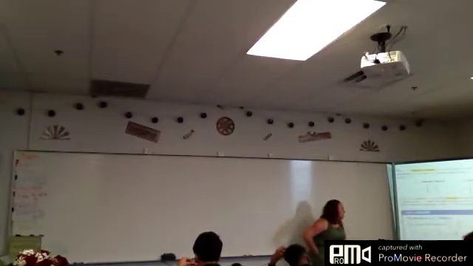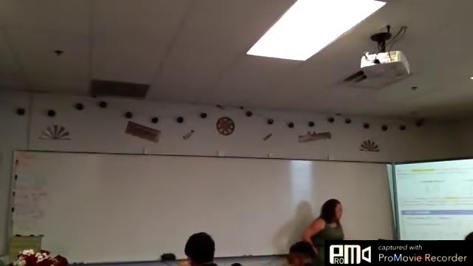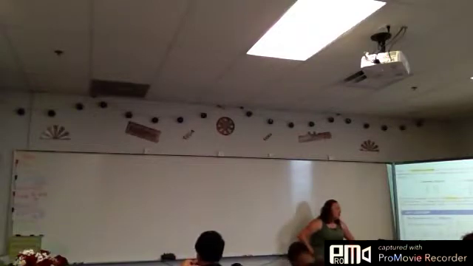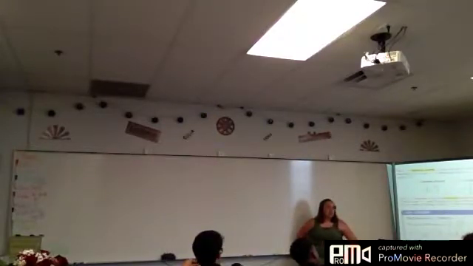So, the inverse of a 2 by 2 matrix. Here's how you find it. You have A, B, C, D. What you do is you take 1 over the determinant.